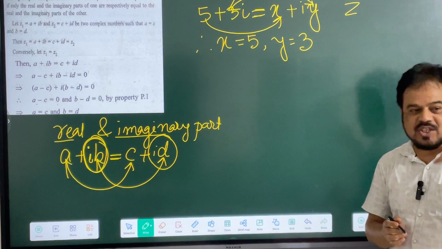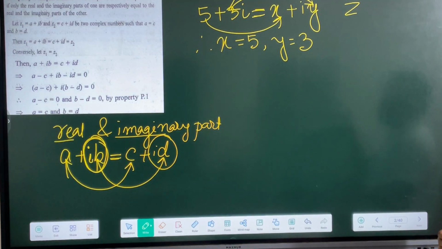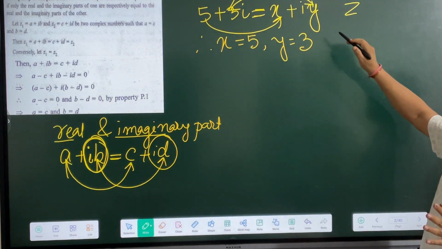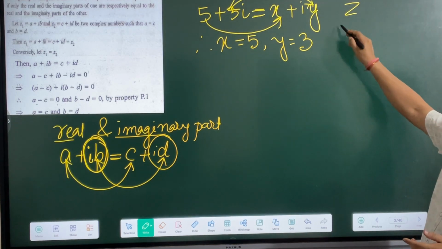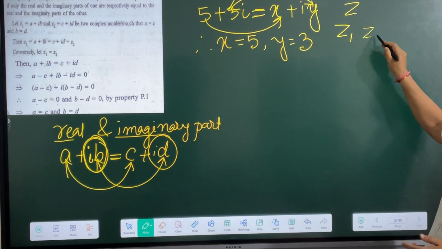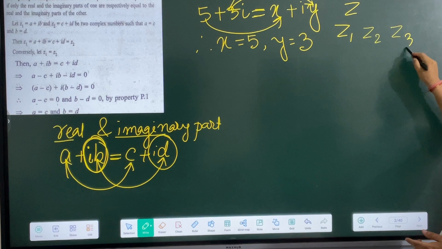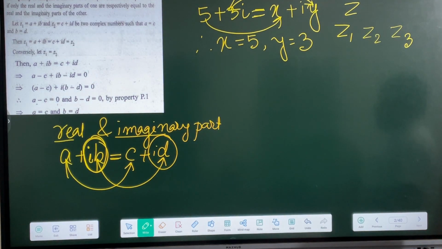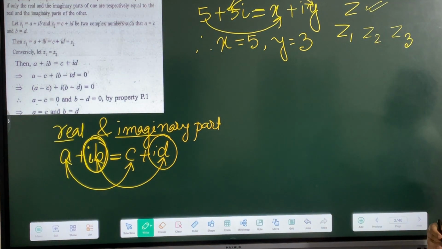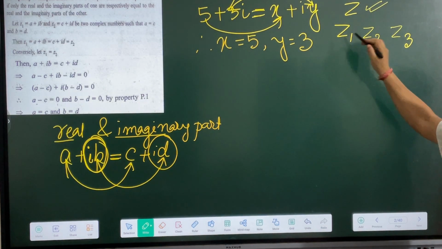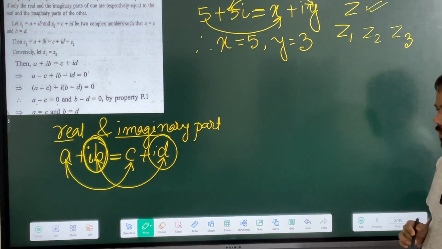I already explained in the previous video that z is denoted for a complex number. If we have to take two or more complex numbers, then we will use z1, z2, z3 like this. If only one complex number, then we will use z. If it is more than one complex number, then we will use z1, z2, z3, z4 like that. But we will generally use the letter z for a complex number.